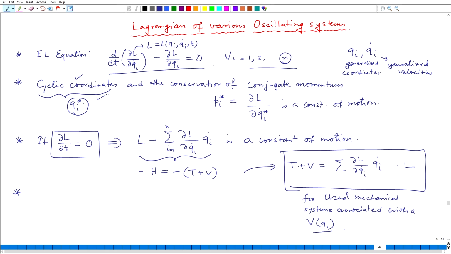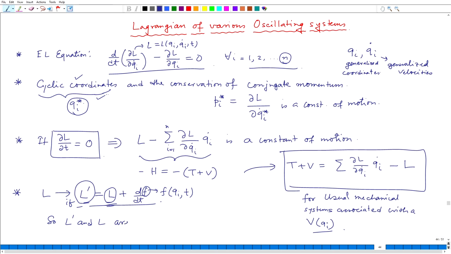Then we said that if my Lagrangian is mapped to another Lagrangian L prime, which is the old Lagrangian plus df/dt, where f is a function of the generalized coordinates and time, and L is a valid Lagrangian for a given system, then L prime will also be a valid Lagrangian of that system. So L prime and L are equivalent Lagrangians, that means they produce the same equations of motion.